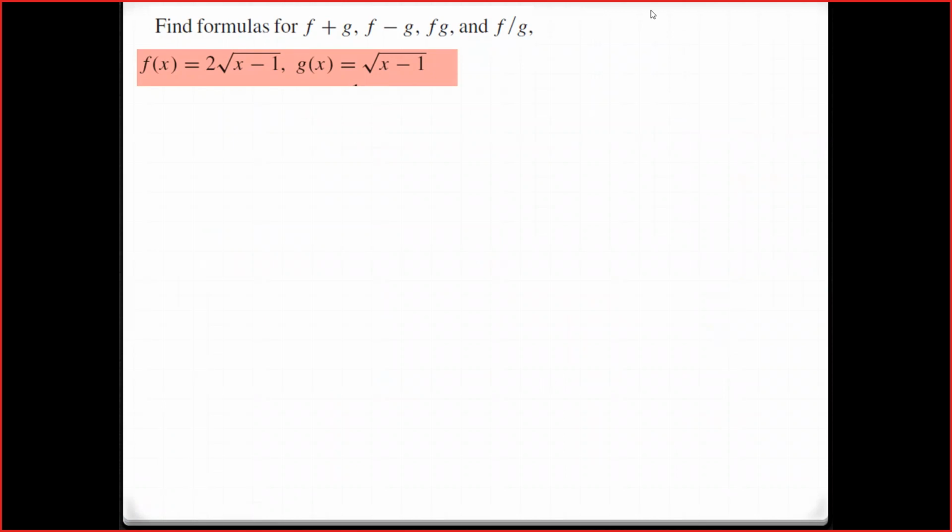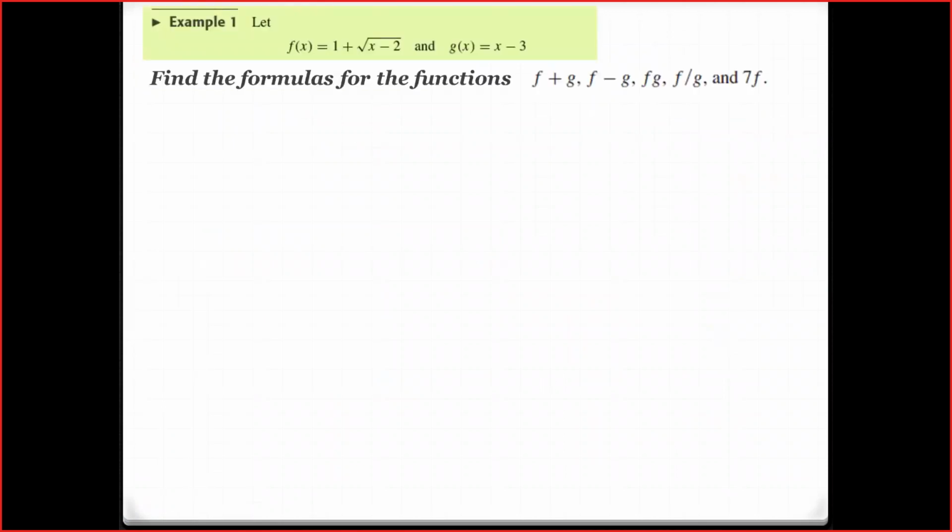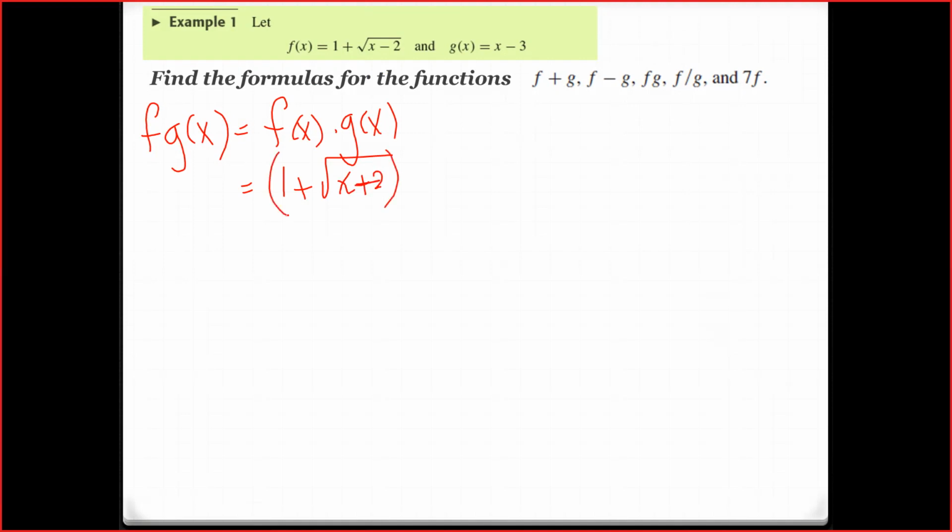Now, if you want to multiply them, f g of x, we say it is f of x times g of x. Then let's multiply: 1 plus square root of x minus 2 times x minus 3.